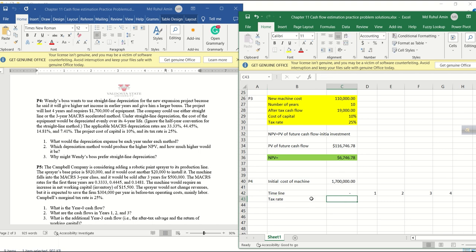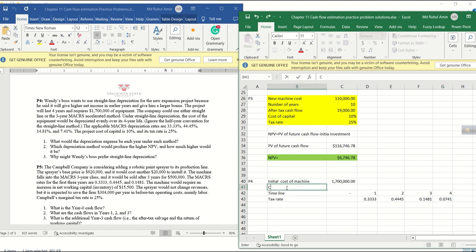Tax rate: 0.333, there's one more 3, 0.1234. This one is 0.4445, 0.1481, 0.074.